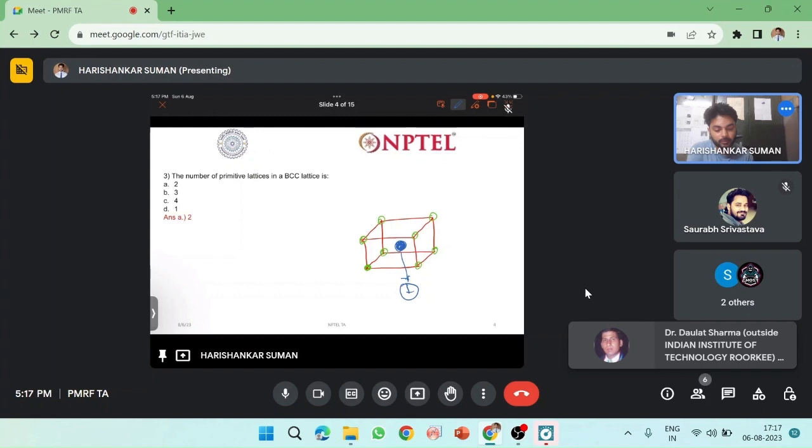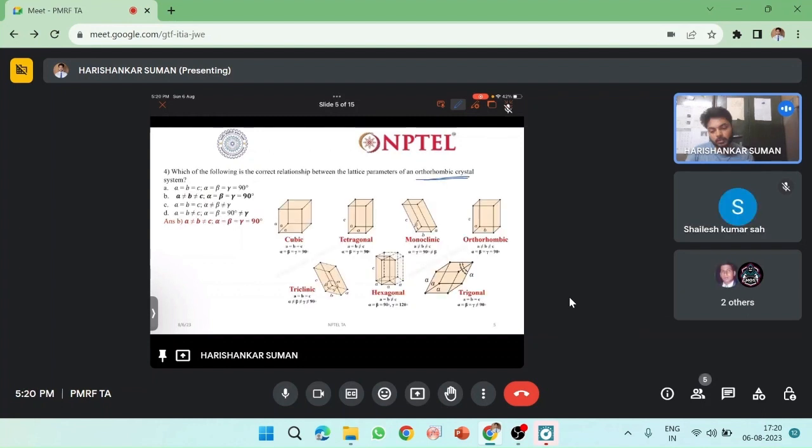So the answer is B. Please remember these 7 crystal systems. Cubic: lengths are equal and alpha, beta, gamma are 90. Tetragonal: a and b are equal but not equal to c, alpha, beta, gamma are 90.